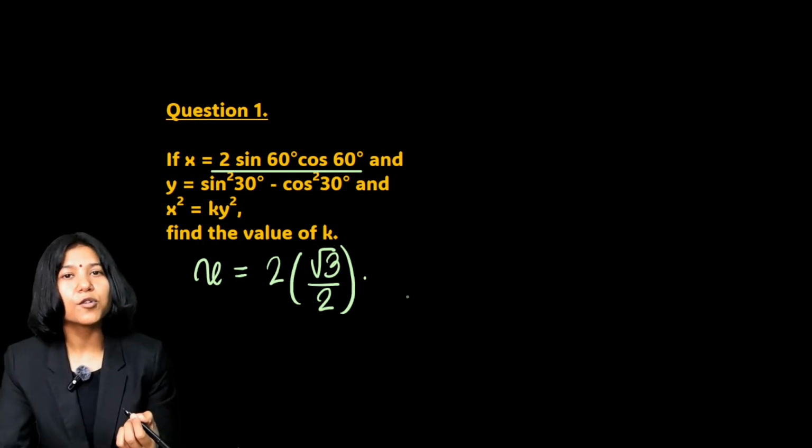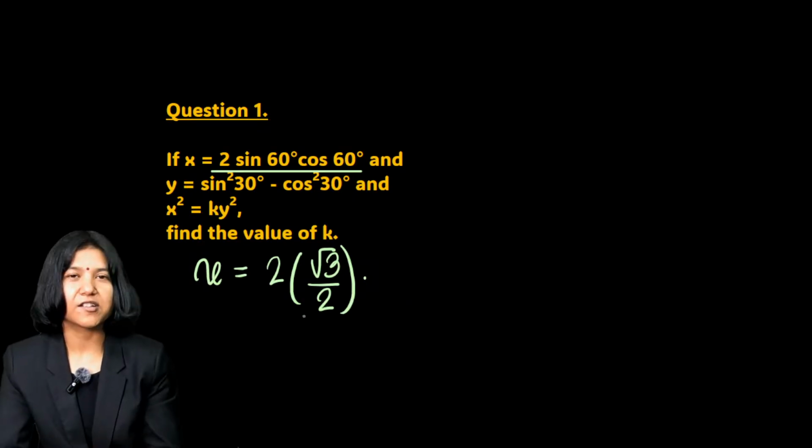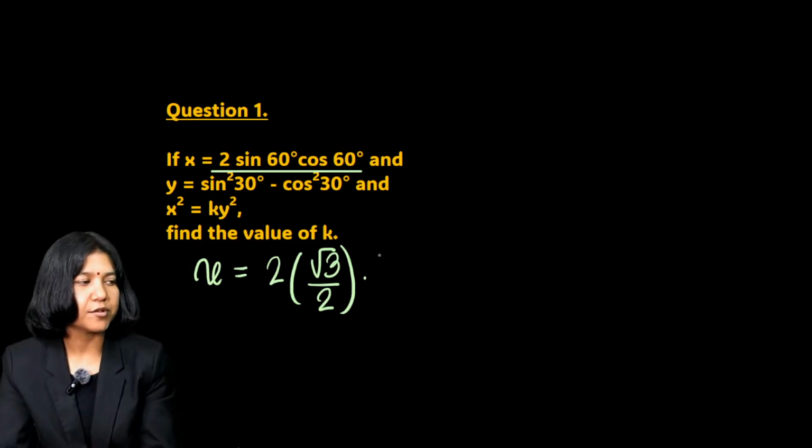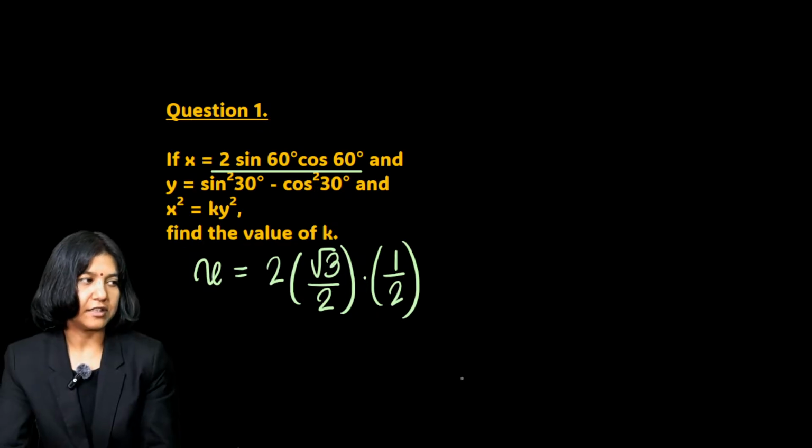Okay, so if you know sine 30, the same value will be for cos 60, because the two angles 30 and 60 add up to 90. So cos 60 is half, just as sine 30.